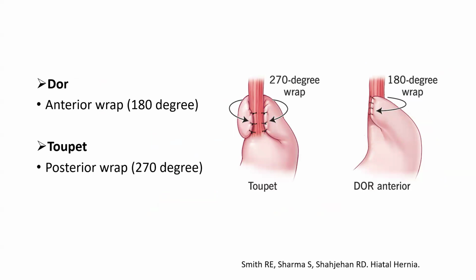The two most common partial fundoplications are the Dor and the Toupet procedures. The Dor is performed by folding the fundus over the anterior aspect of the esophagus and then anchoring it to the hiatus and esophagus. The Toupet procedure creates a wrap around the posterior aspect of the esophagus. It's not Topet, it's toupee. That is the pronunciation.